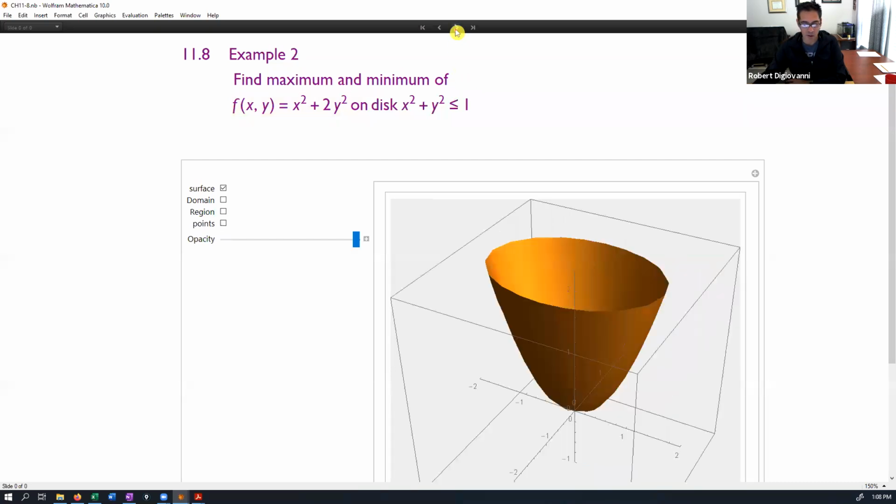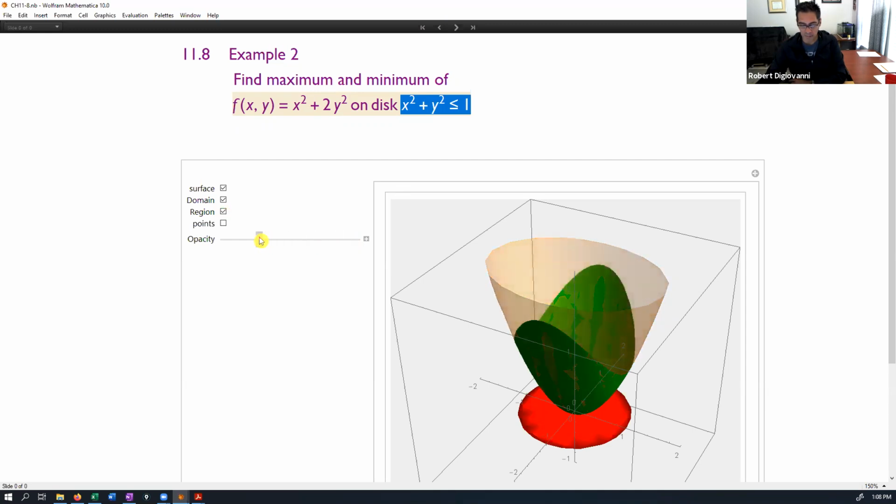On the next problem, we want to find the maximum and minimum values of the same function, but now on this disk, x squared plus y squared is less than or equal to 1. That means my domain is not just the circle, but an entire disk down here. If we plug every point in that disk into the surface, we get this green surface, and we're trying to find the highest and lowest points on that green surface.